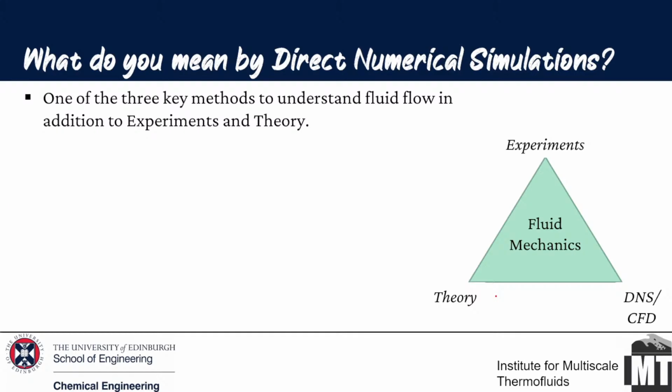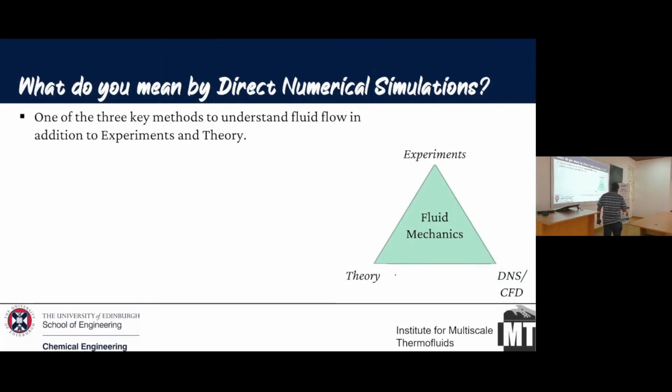So when you use RANS or LES, it's not DNS anymore. It's an approximation. The most accurate answers you get for fluid mechanics computationally are through DNS. CFD is a general term. DNS is proper CFD.